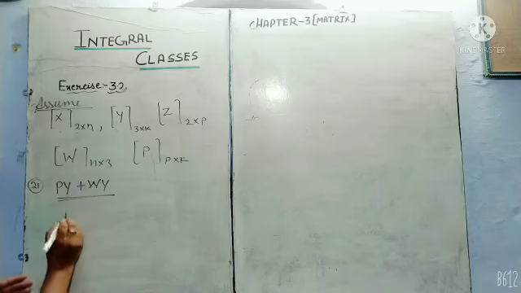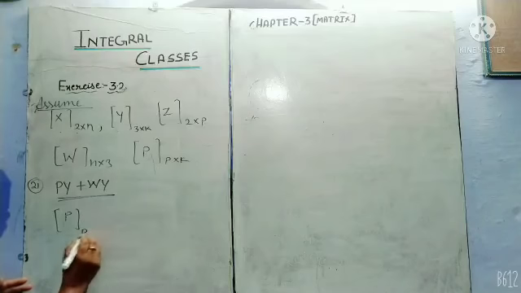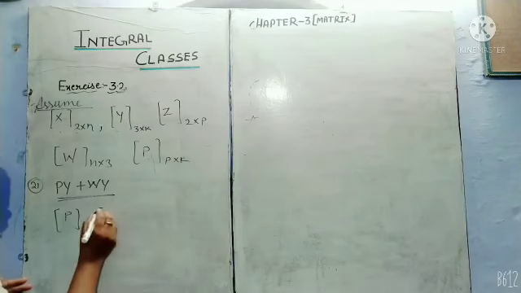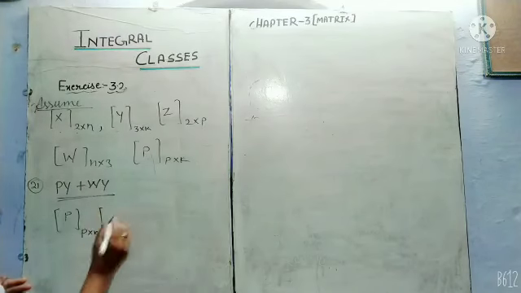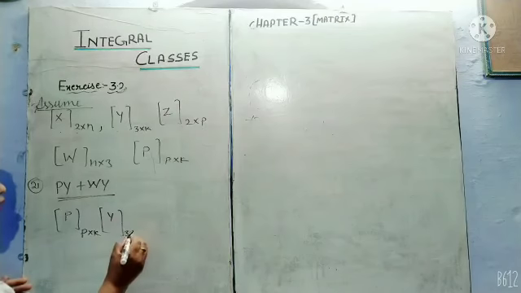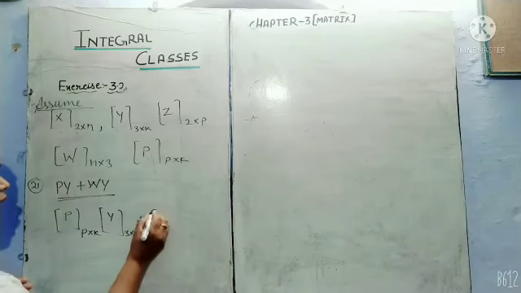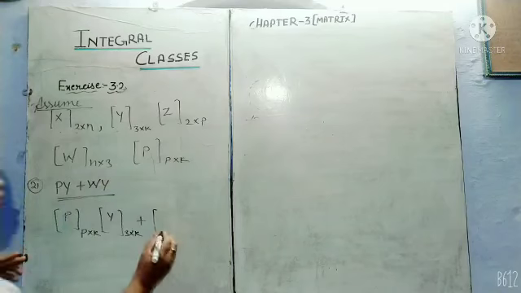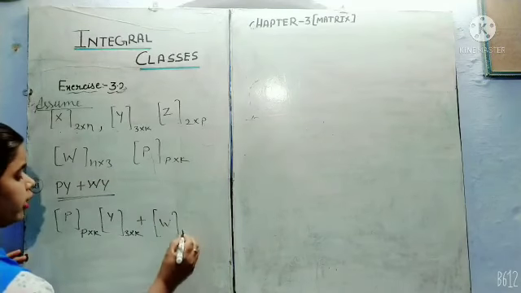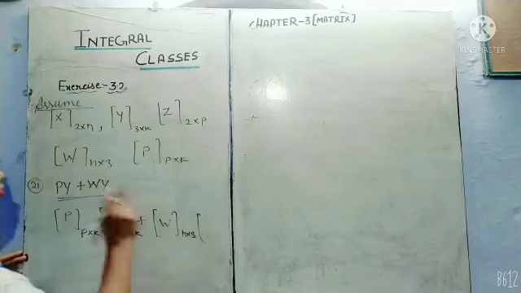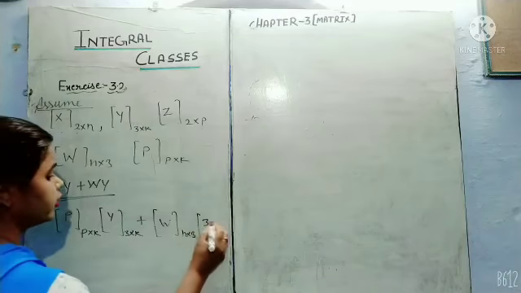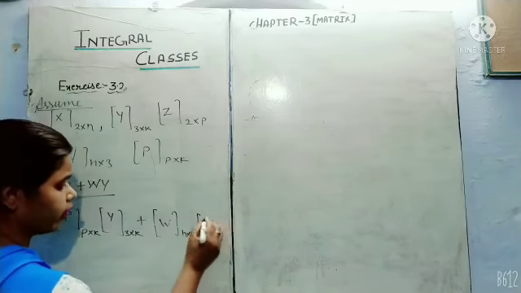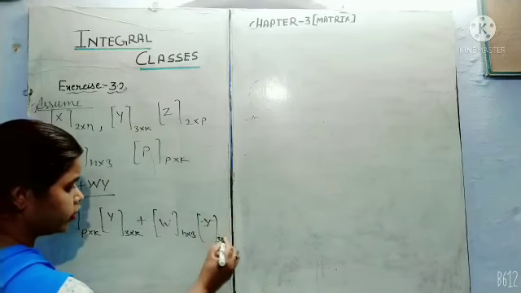So student, as we observe here, p equal to what? P has order p into k, and y, what order? Y has 3 into k. Okay, and w has n into 3, and y again 3 into 3.